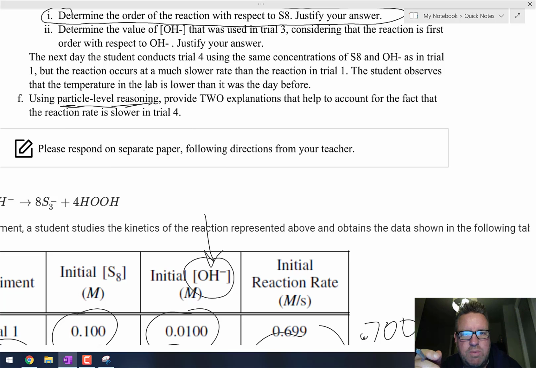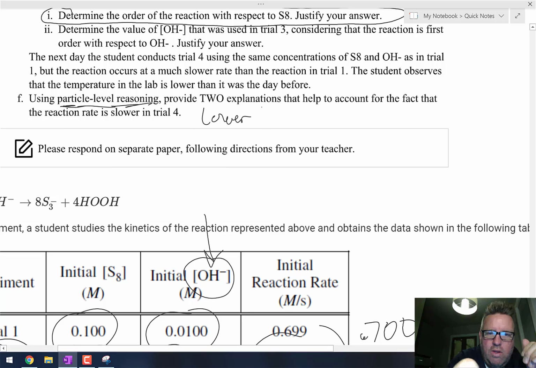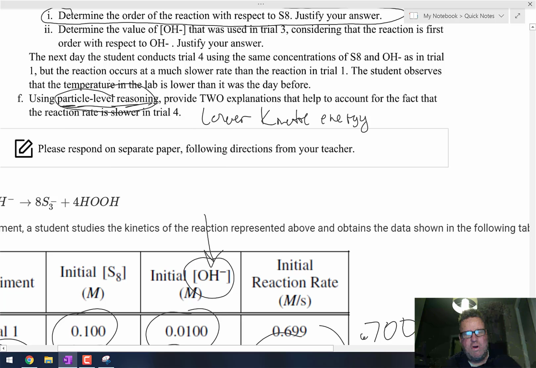So for 2 explanations that help account for the slower rate in trial 4, we got to go back to what are the things that make a reaction go faster or slower. One of them is temperature. At a lower temperature, they have a lower kinetic energy, which really still isn't quite at the particle level. We have to talk about the particles.